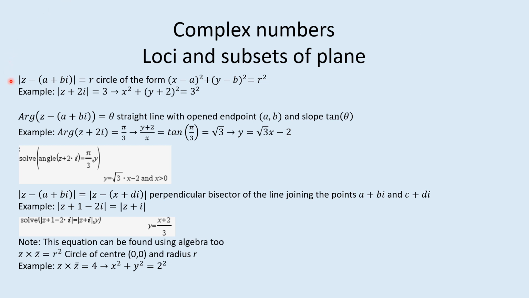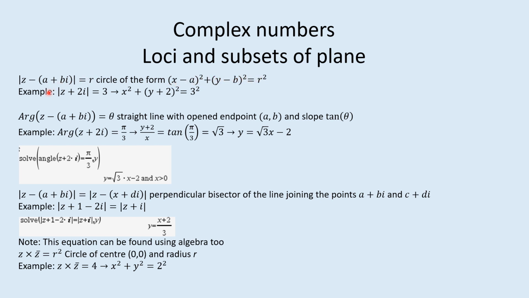So if you are given the modulus of the difference between the complex number z and another complex number a plus bi equal to r, then the result will be a circle with center (a, b) and radius r.